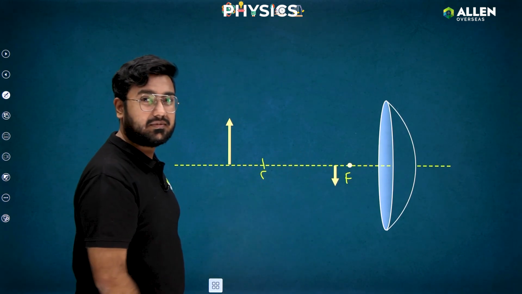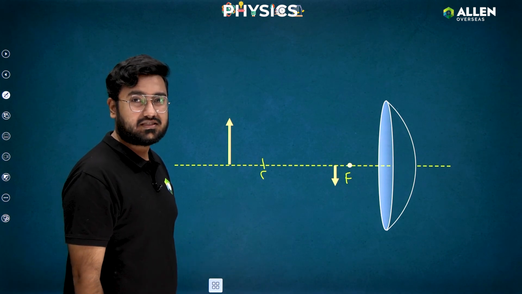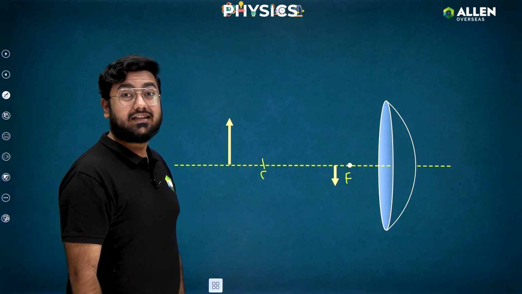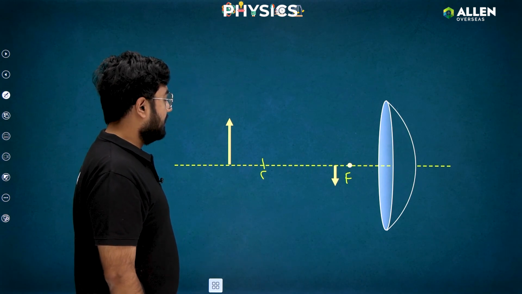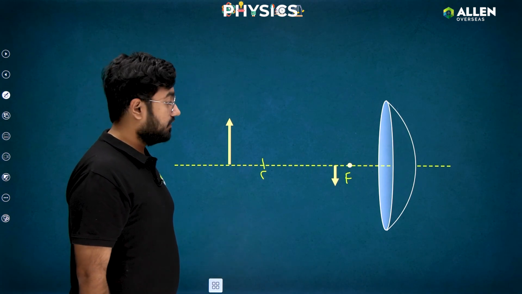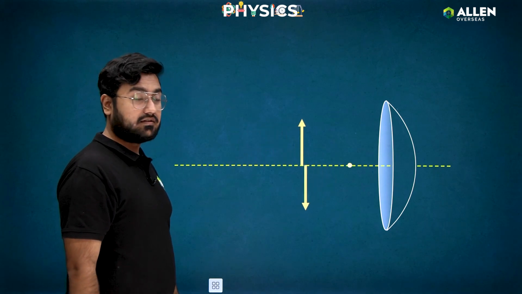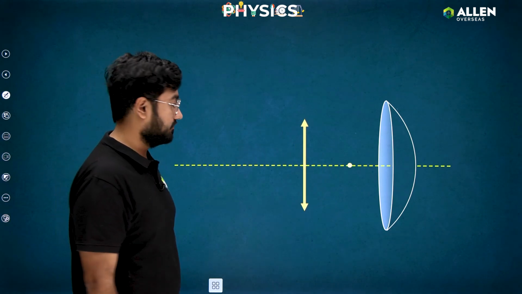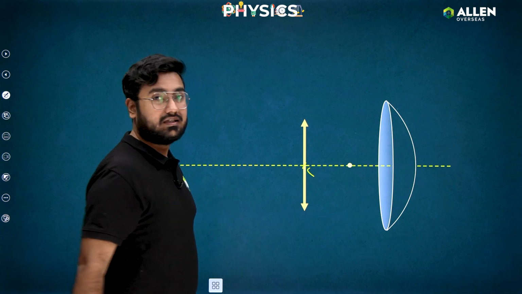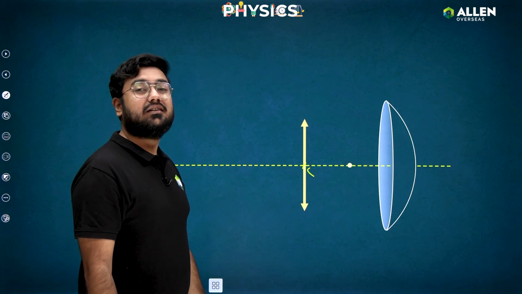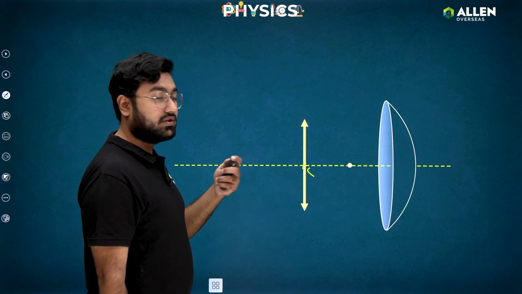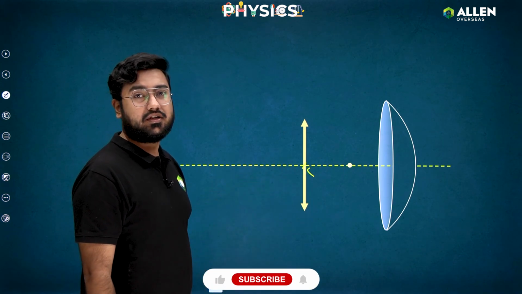The image is diminished. You know the nature of the image as well. We are not learning ray tracing here. So this is C, this is F. Then move it further. Now suppose we are at C. The image is of the same size, inverted, and formed at the same exact point.